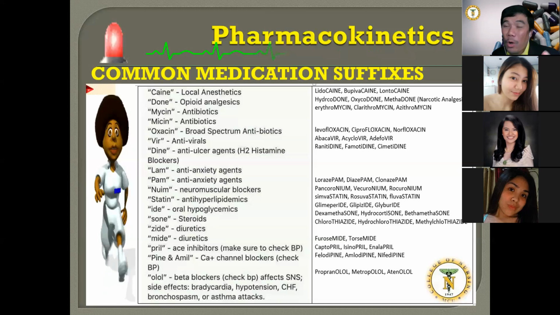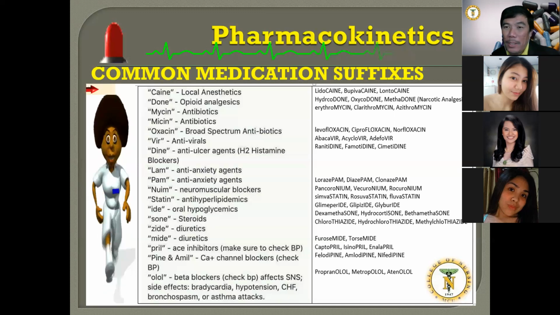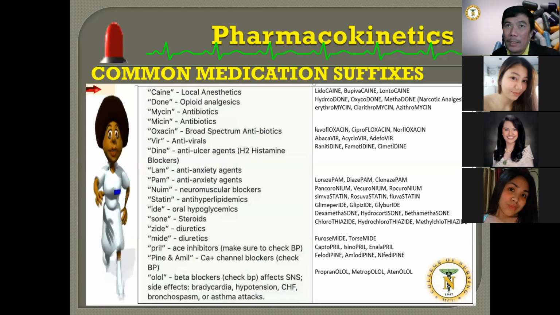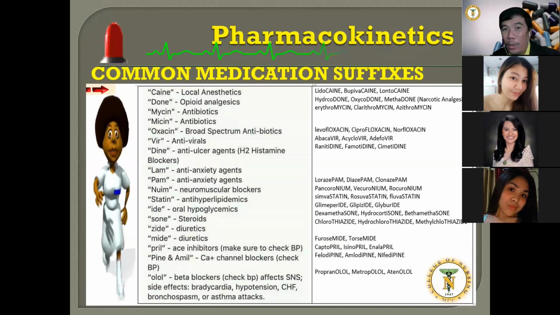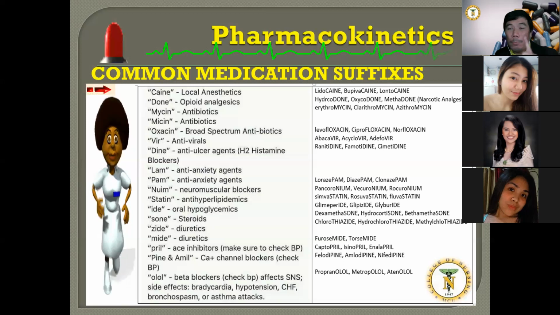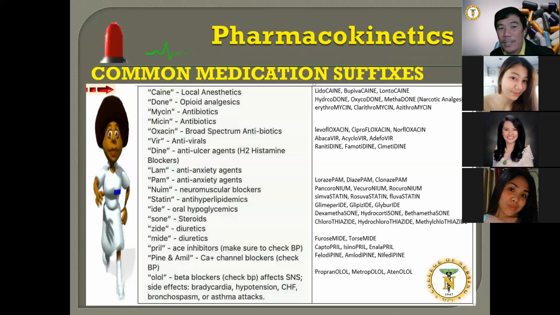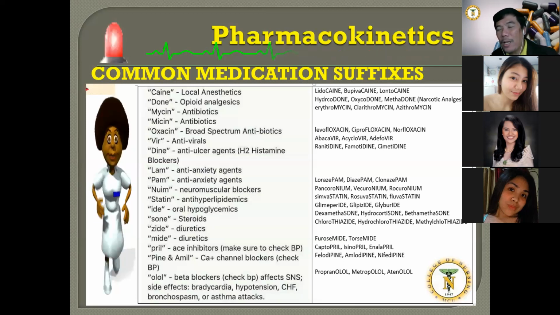So the three common electrolytes that are being tested to attest problems with electrolytes are sodium, chloride, and potassium. But most common, if the patient is taking diuretics, the most common that may really cause dehydration is a low level of potassium.